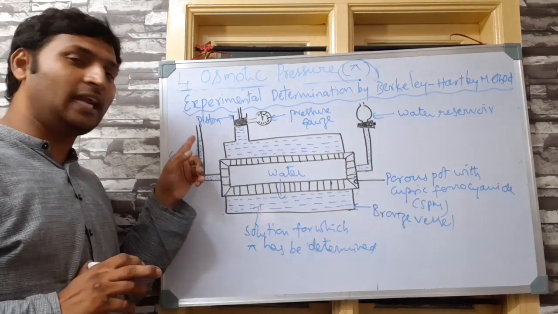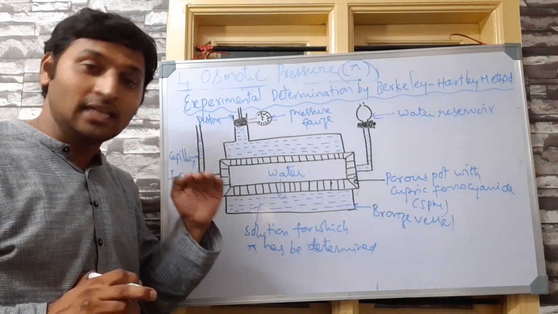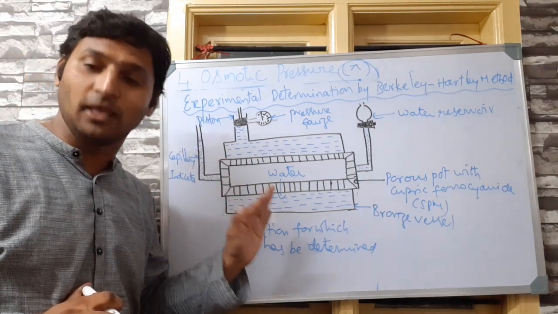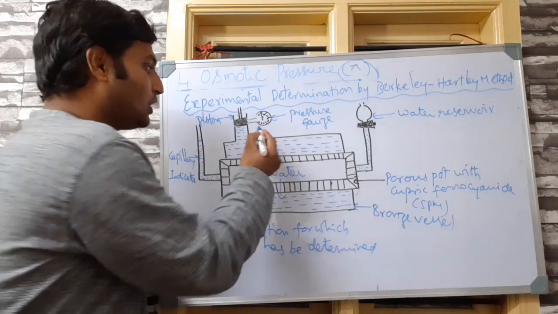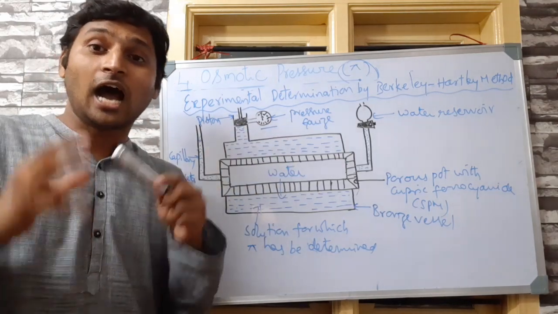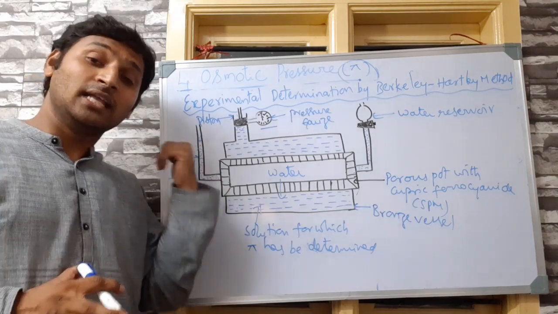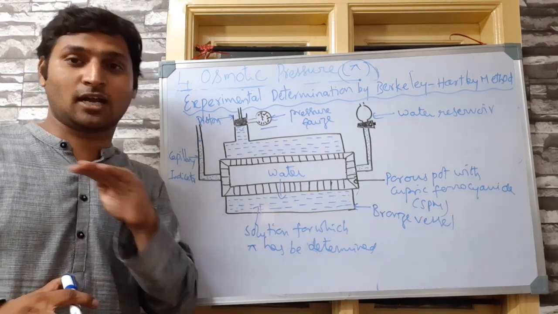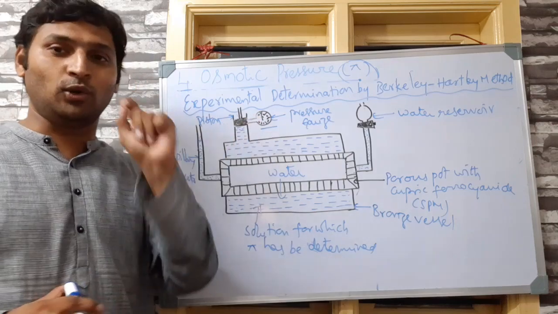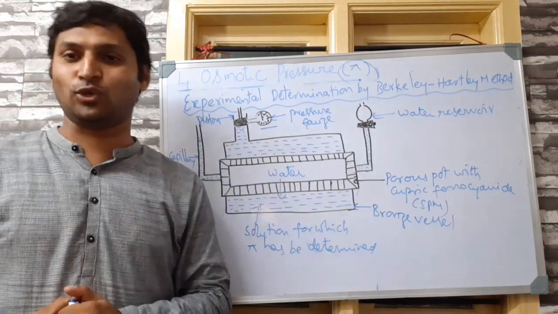So, if the capillary indicator shows the level constant, that means the process of osmosis has stopped. When the process of osmosis has stopped, please mark from the pressure gauge how much pressure it has taken to stop the process of osmosis, to make the level of water in the capillary indicator constant. That pressure will be noted as the osmotic pressure of this solution.